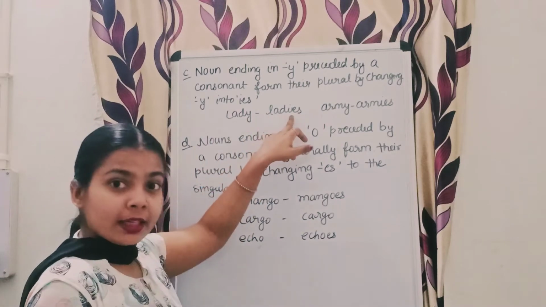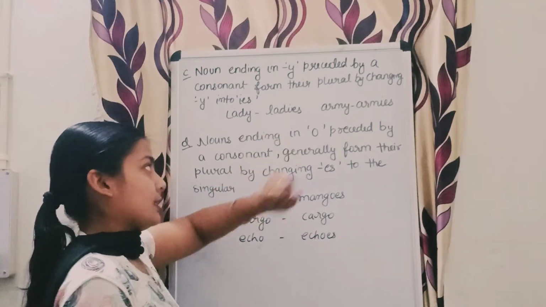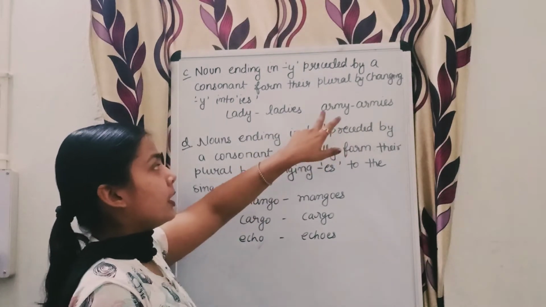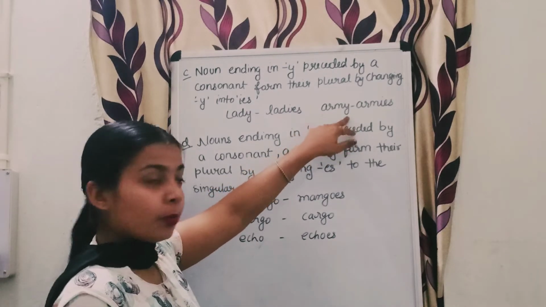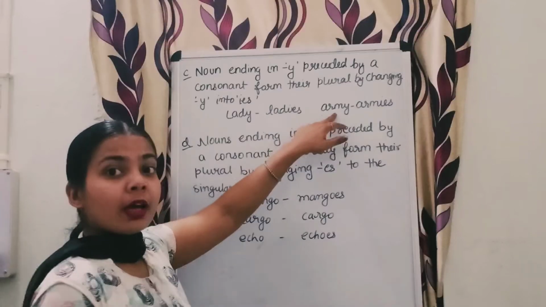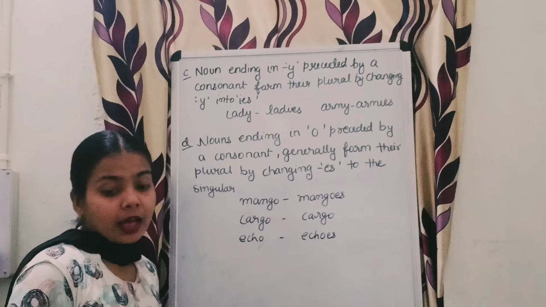So here y is omitted and instead of y we will add ies. Like army, armies. So y again will be omitted and it is preceded by a consonant. So here we will add ies, like armies.